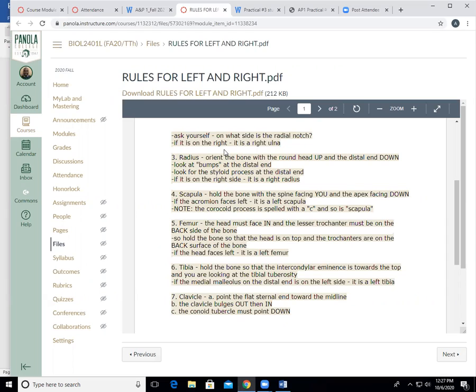The apex points down, where the lateral and medial borders come together. If the acromion faces to the left, it's the left scapula. And if the acromion faces right, it's the right scapula.